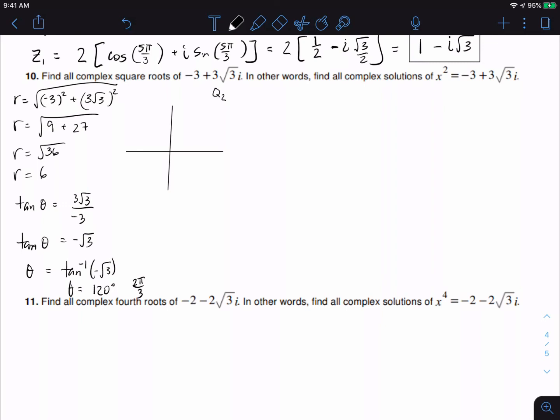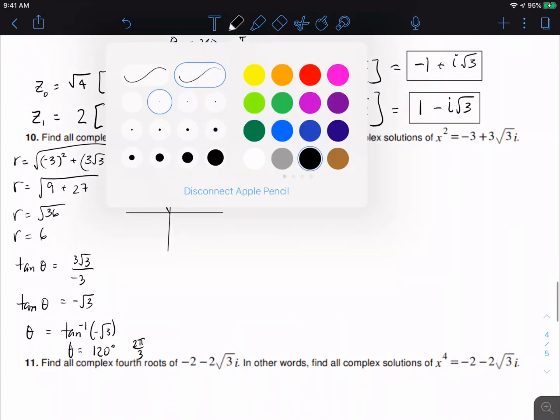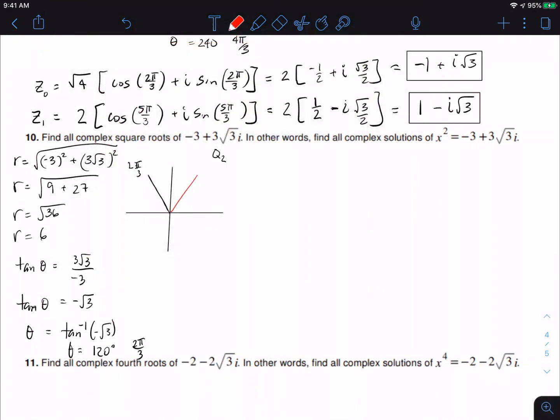So 120 is here, or I'll call it 2 pi over 3 since we're using radians. Dividing that by 2 to get our not angle. What did I do for my not angle? I did red. So that's going to put us over here. So this is theta naught, and that is pi over 3.